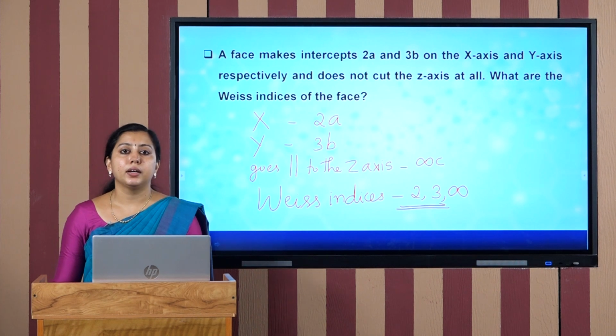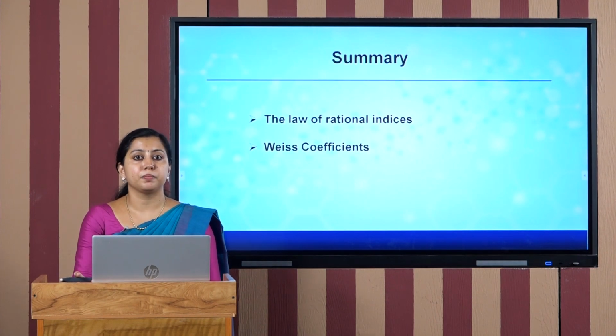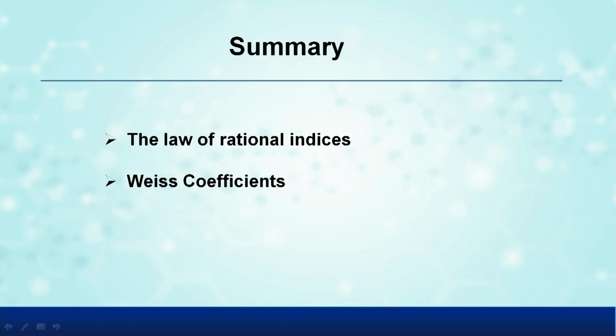So, these are a few problems based on Weiss indices, or how to determine the Weiss coefficients. In this session, we had a detailed discussion on the laws of crystallography.